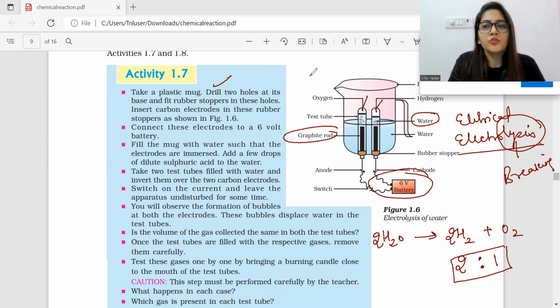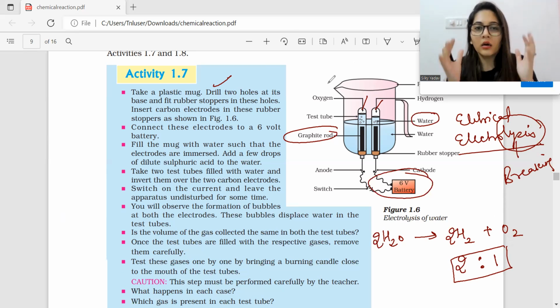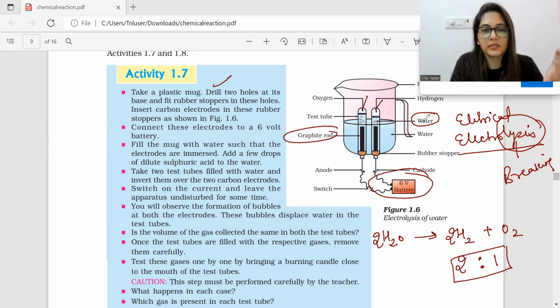Okay. In this we have one container inside which both the electrodes are dipped. This electrolysis is happening in the electrolytic cell. So this is an electrolytic cell, okay? And for an electrolytic cell, you all have to remember this: PA OC. This is a trick. Positive anode oxidation.